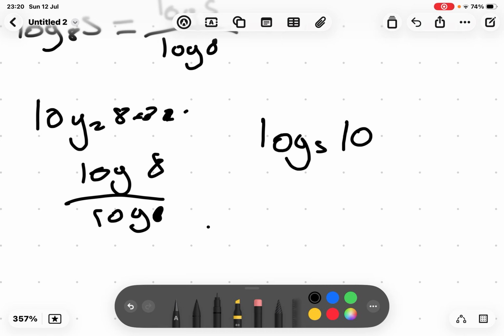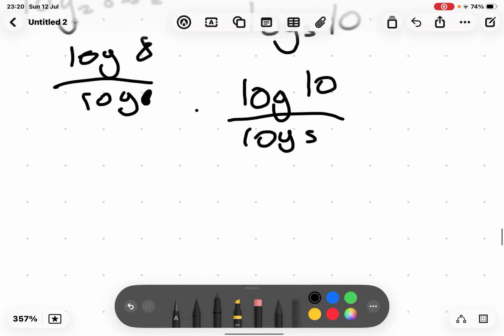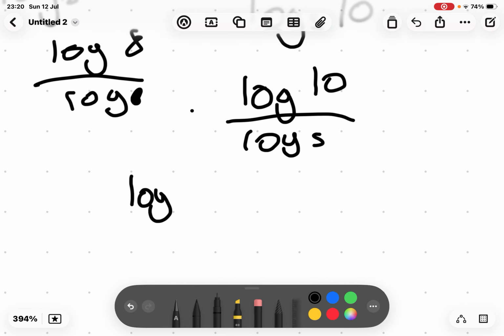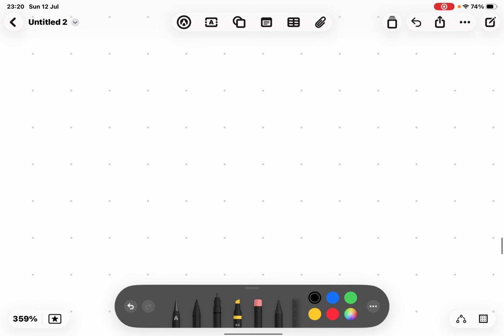If I had log base 5 argument 10, would that equal log 10 divided by log 5? Let me check. Yes, exactly. So if you have log base 5 of 10, that's log 10 divided by log 5. Just remember, top is the argument, bottom is the base.